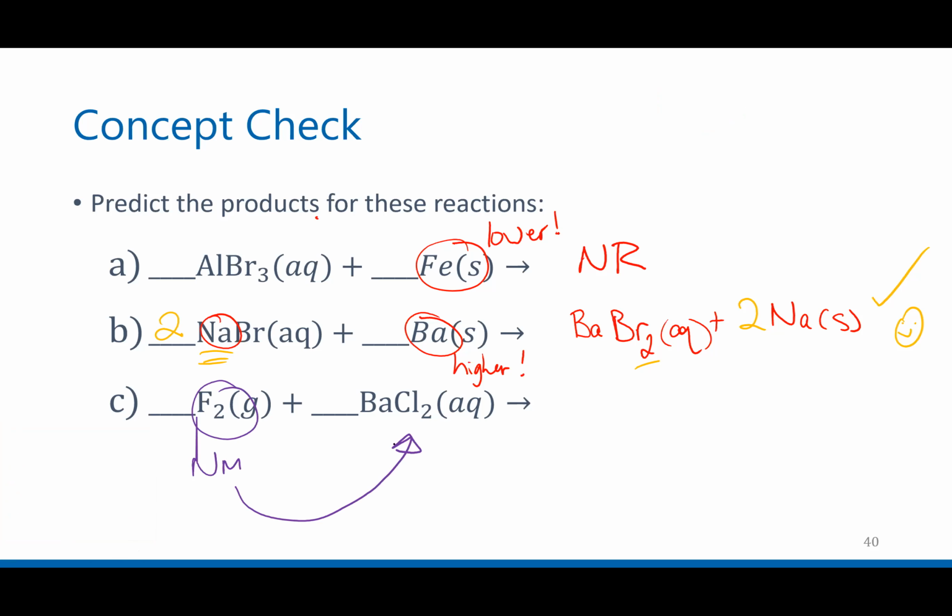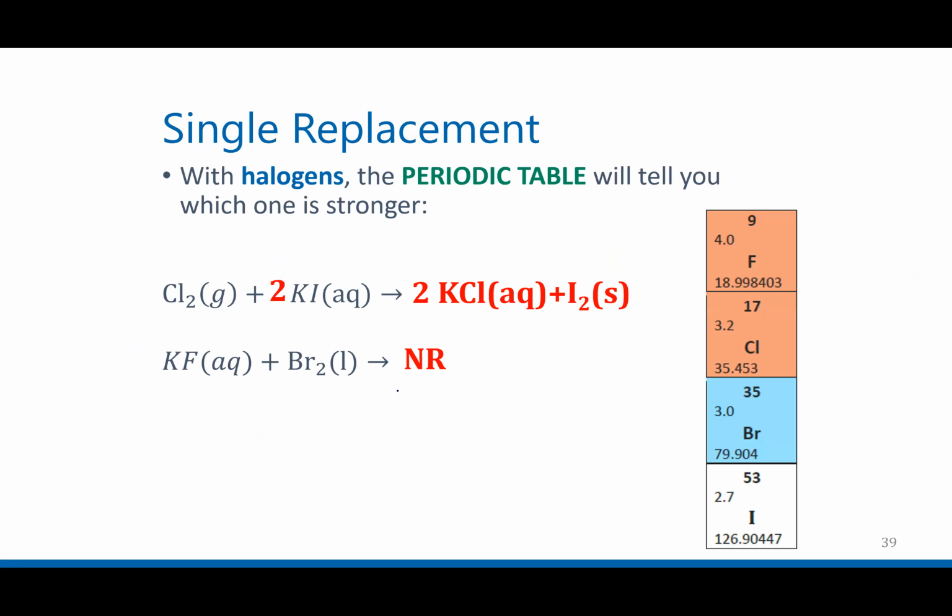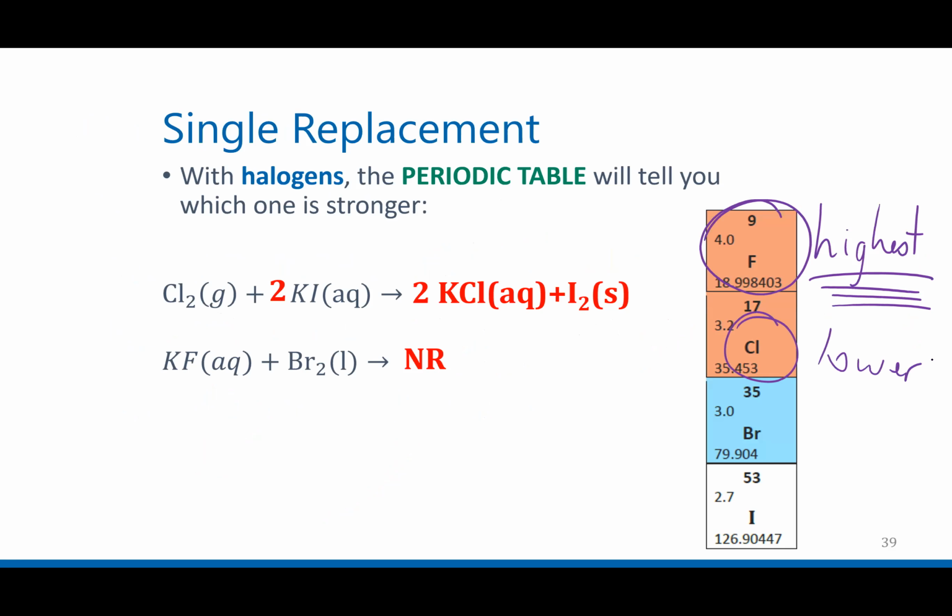Will fluorine beat chlorine? That's the question. The answer, of course, is in your data booklet. Fluorine is the highest. Fluorine always wins. Chlorine is lower. So yeah, fluorine will totally kick chlorine out of this reaction.